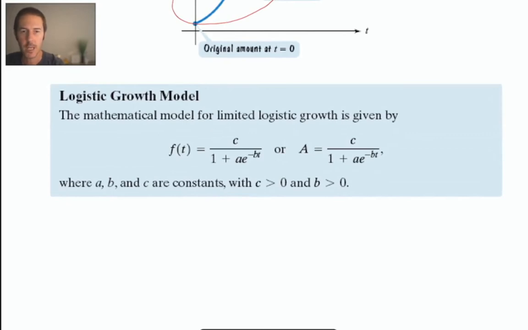So the general template, whether you're using function notation f of t or just this capital A value for a final amount or an accumulated amount, the sort of wireframe formula for logistic growth looks like this.